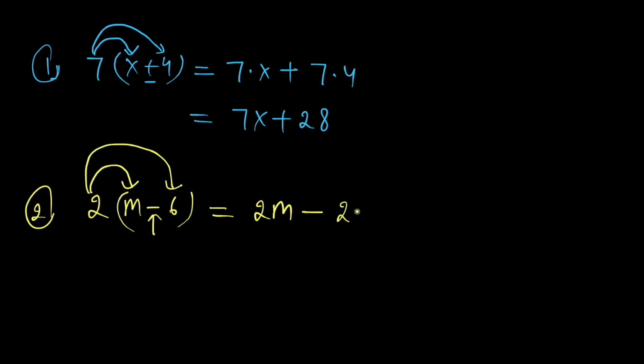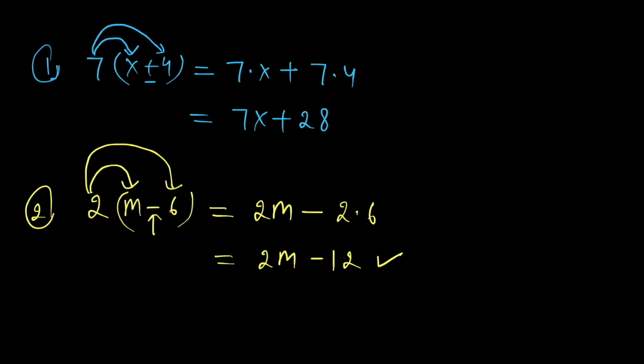Okay, and let's simplify. 2 times m is 2m, and when you multiply 2 times 6, it's going to be 12. So that's how you solve this problem. That's how we simplified the algebraic expression using the distributive property.